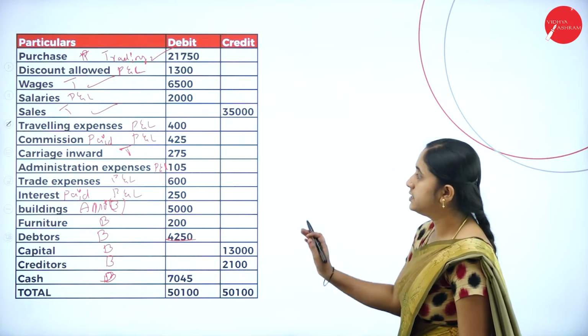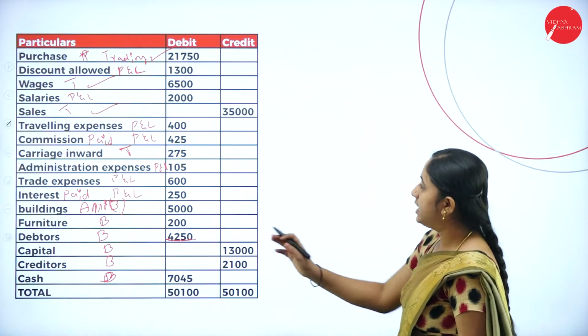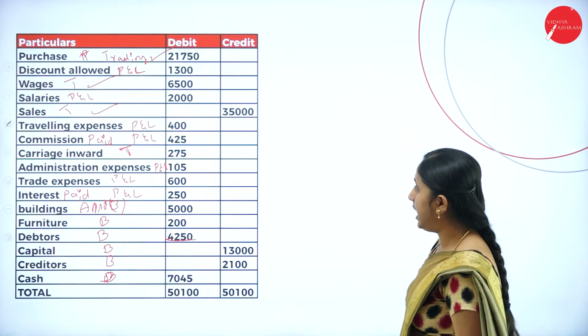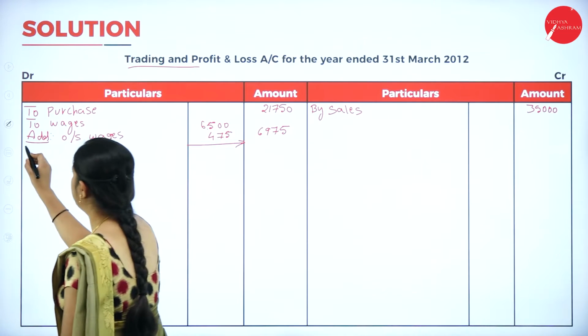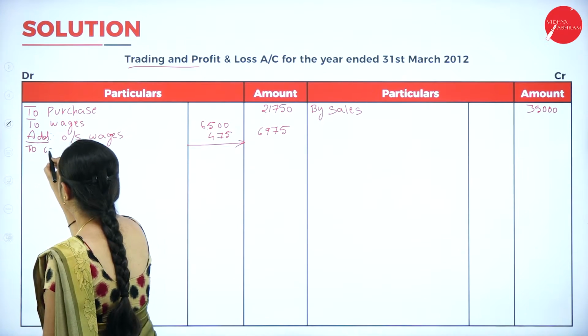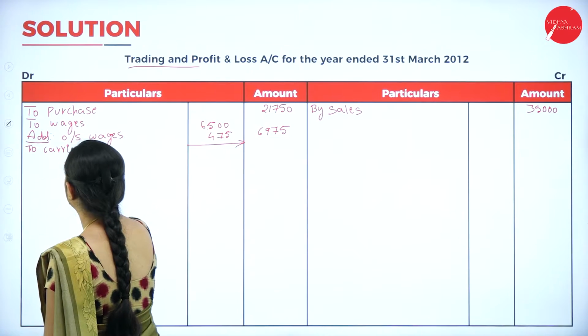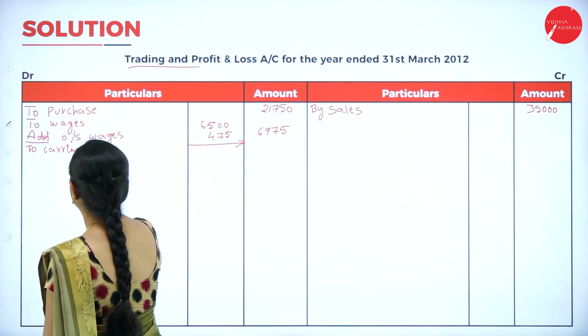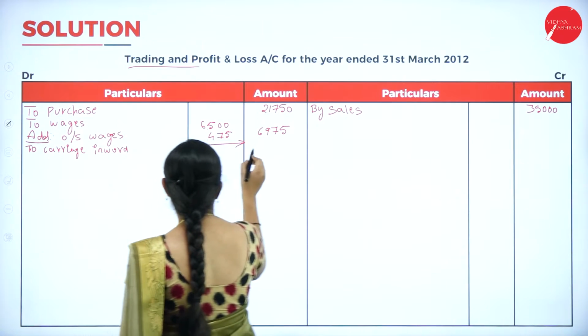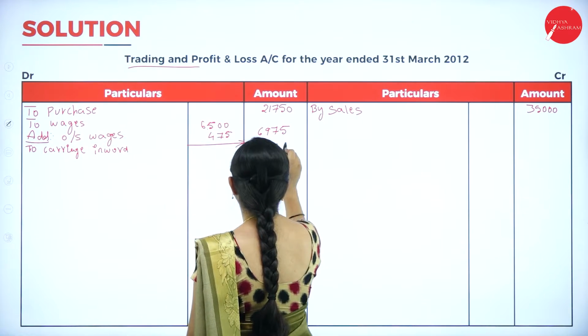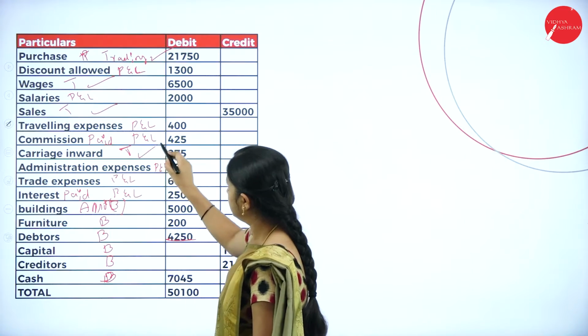Then carriage inward. Carriage inward is a direct expense. Just write on the debit side of the trading account, carriage inward 275. To carriage inward rupees 275.